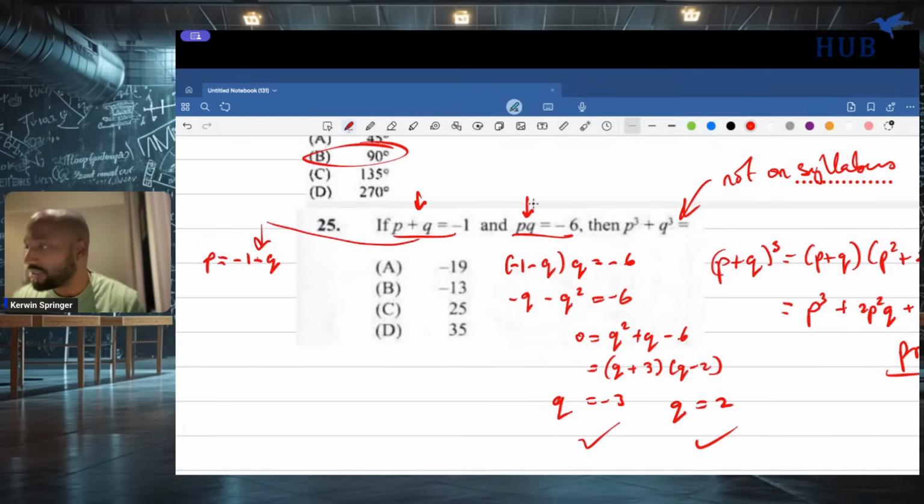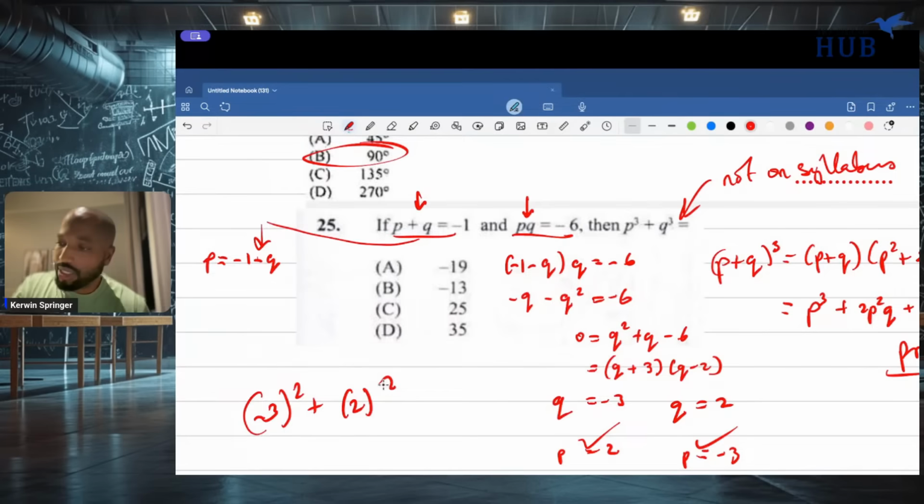So if Q is -3, P is 2, and if Q is 2, P is -3. So in other words, -3 squared plus 2 squared, that's what we're trying to get. So this is 9 plus 4, which is not here. Oh, cubed is cubed. There's a cube there. So you see, there's a cubed.